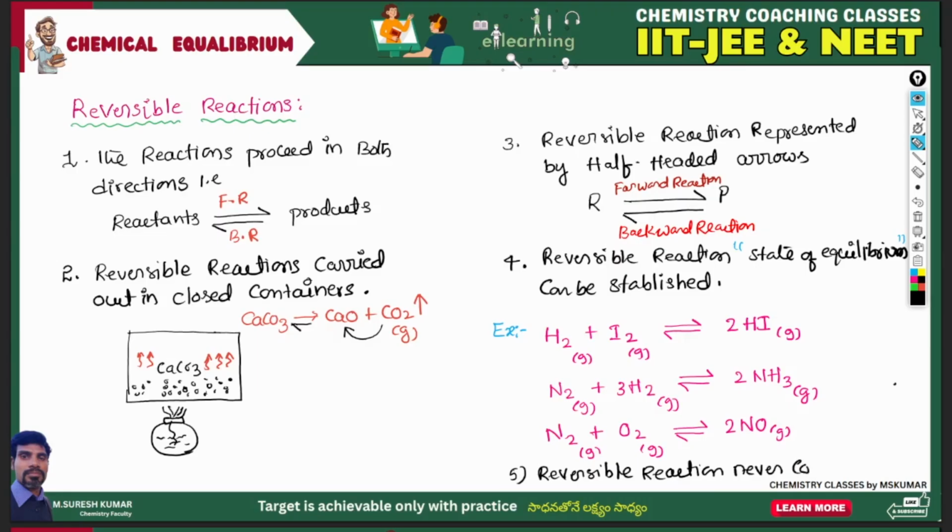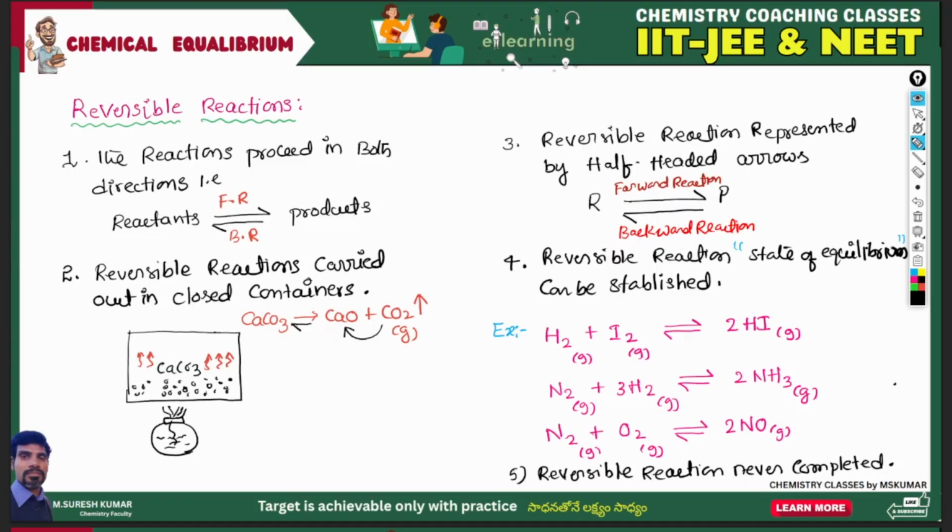Once the state of equilibrium is established, both reactions are carried out at equal speeds and keep on continuously. It can never be completed. But irreversible reactions are not like that. In irreversible reactions, once product is formed, the reaction is completed.